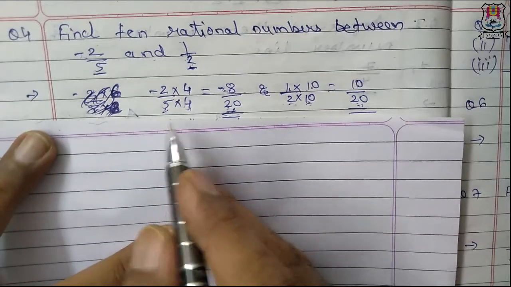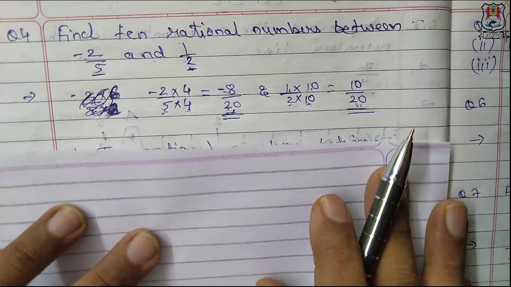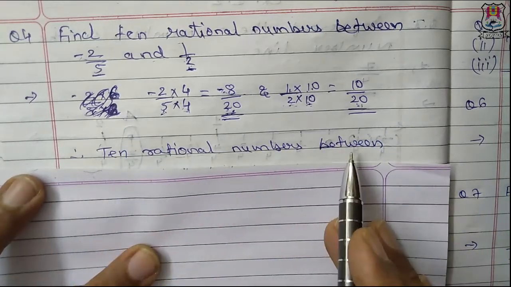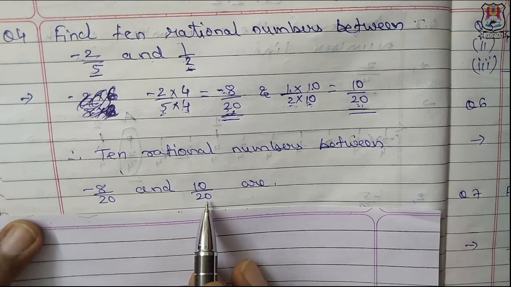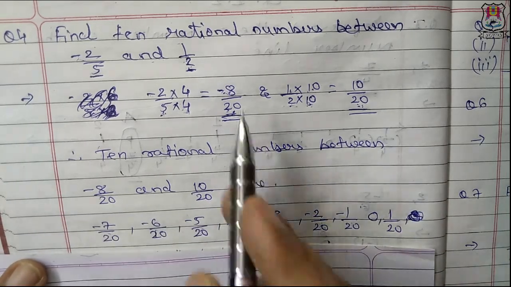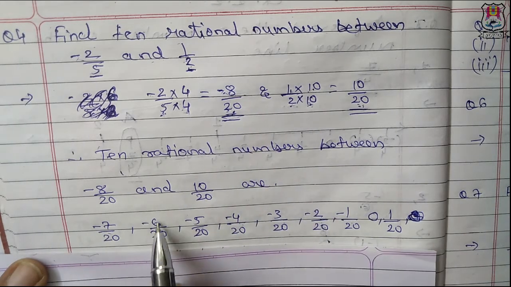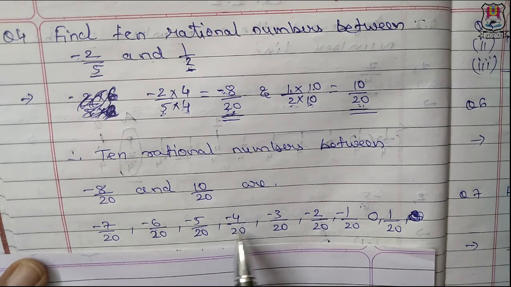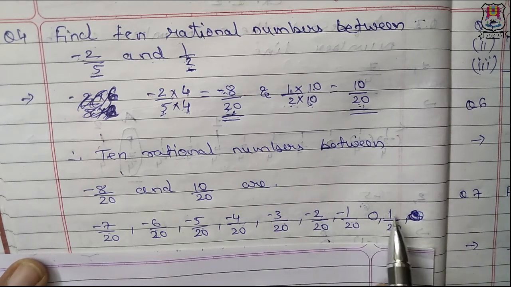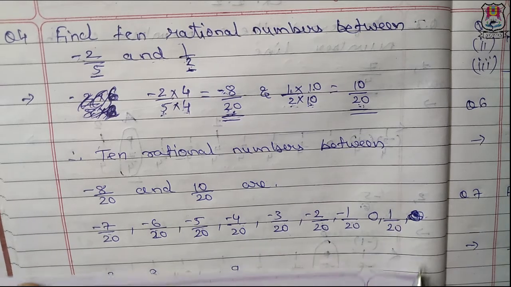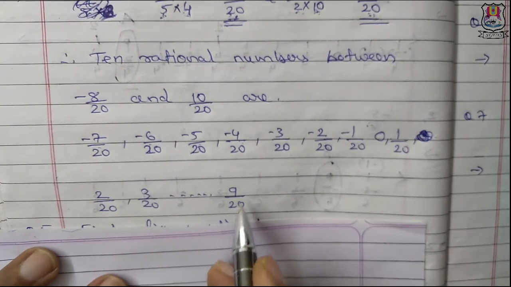Now there are so many rational numbers in between this. Now how to write? So therefore the 10 rational numbers between minus 8 upon 20 and 10 upon 20 are, starting from the next one, minus 7 upon 20, minus 6 upon 20, minus 5 upon 20, minus 4 upon 20, minus 3 upon 20, minus 1 upon 20, then 0, 1 upon 20, 2 upon 20, 3 upon 20, up to 9 upon 20.